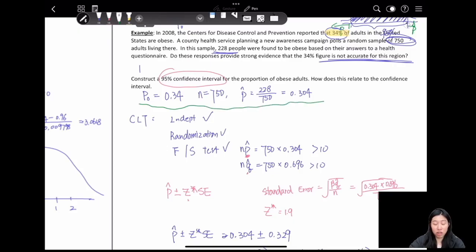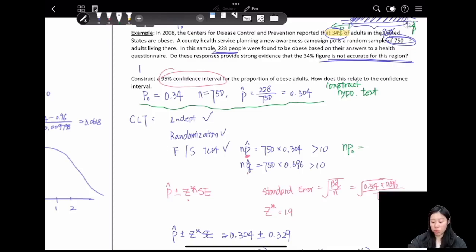But for the central limit theorem, if we're trying to use a hypothesis test, the failure and success test should change to n times p naught, because this is a hypothesis test.